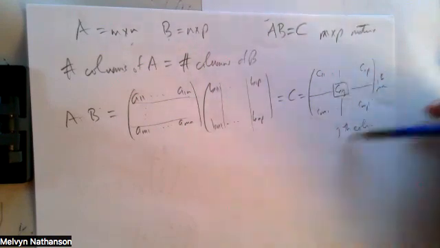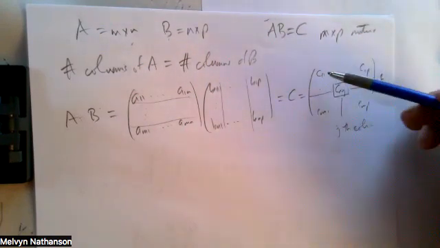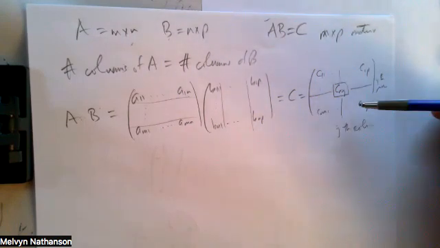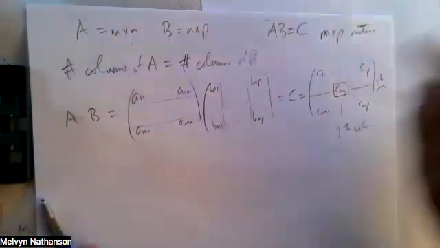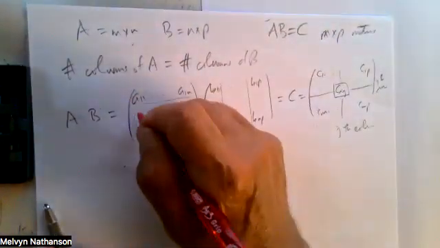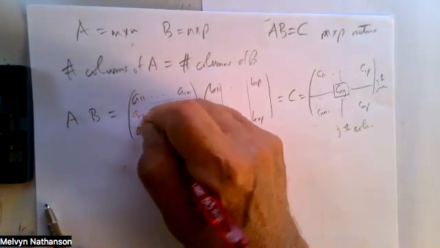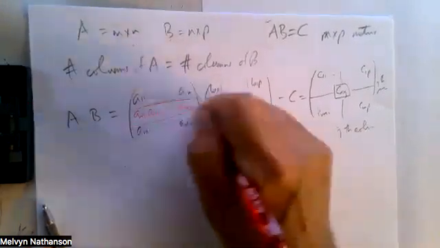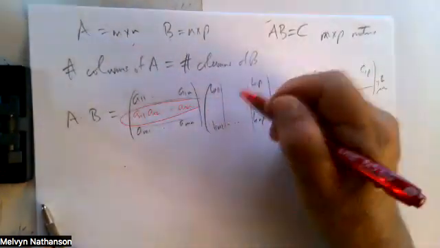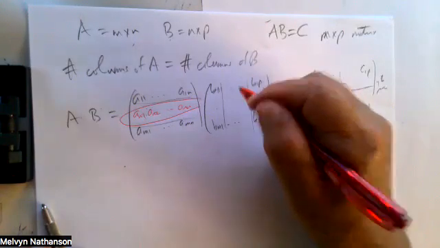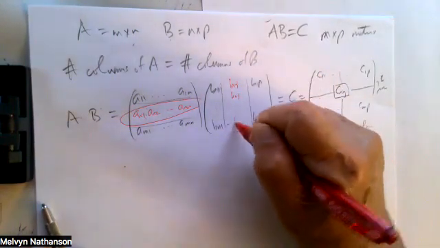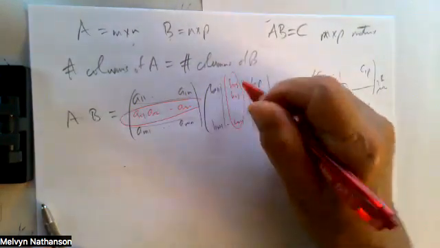I have to know what are all the coordinates in this matrix, A times B equals C. What is Cij? And the answer is, you take the ith row of the matrix A. So this is the ith row, Ai1, Ai2, up to Ain. Then I take the jth column in the matrix B, B1j, B2j, down to Bnj. This is the jth column.